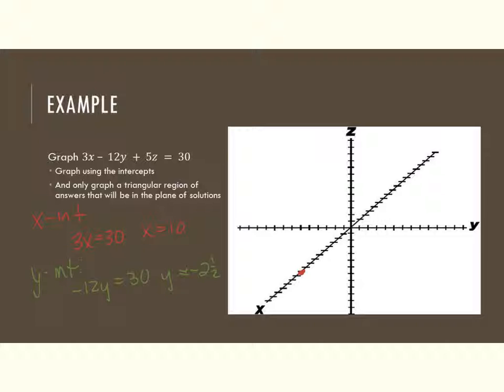So on the y-axis, I'm going to go negative 2.5, put you right there. And then for the z-intercept, we're going to make x and y both be 0. So we're going to have 5z equals 30, so we're going to get z equals 6. So on the z-axis, I'm going to go up to 6.